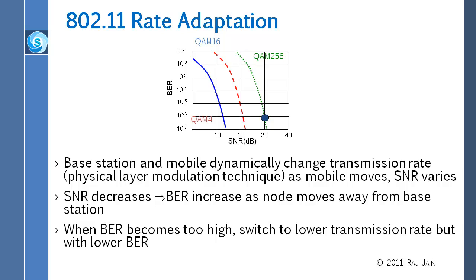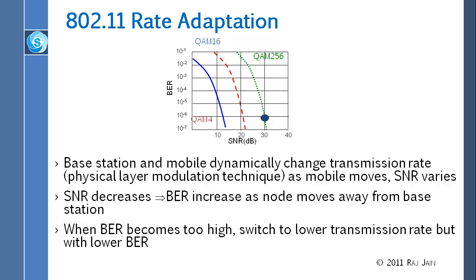Now all of these are on a large scale, dB, decibel. Unfortunately, I don't have time to explain decibel or the log scale, but basically 20 is 4 times better than 10, and 40 is 16 times better than 10. Anyway, so this is the log scale, and this is the bit error ratio, bit error rate.